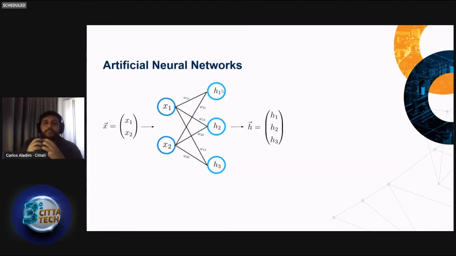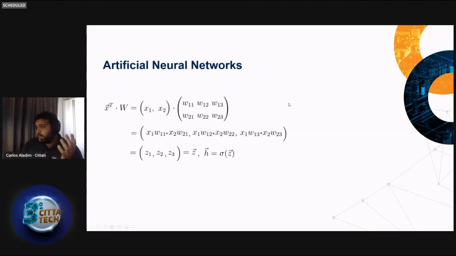With the input of vector X and the weight matrix W connecting the 2 neuron layers, we compute the product between the vector X and the matrix, and the result again is a vector which we call Z, that can be represented in this example.